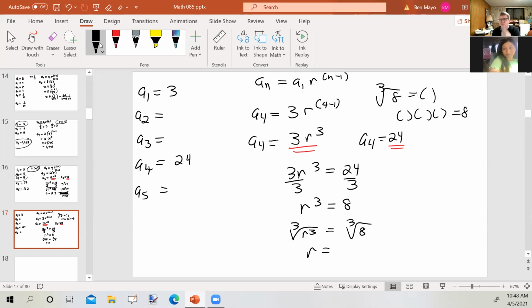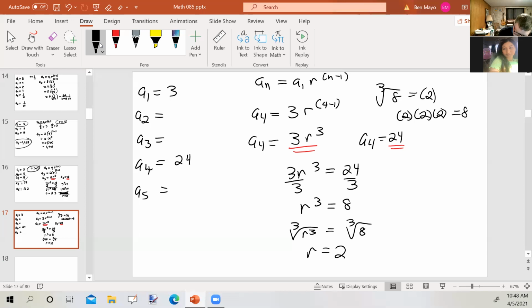Well, let's see. How about 1? 1 times 1 times 1. That's not 8. That's just 1. 2 times 2 times 2. What's 2 times 2? 4 times 2 is 8. So the cube root of 8 is 2 because 2 cubed is 8. So from that, we get r equals 2. Any questions about what I just did there?